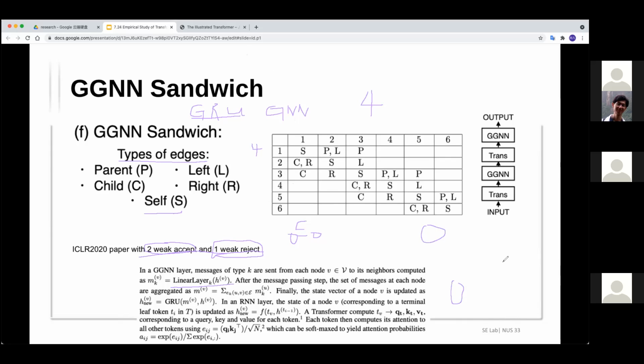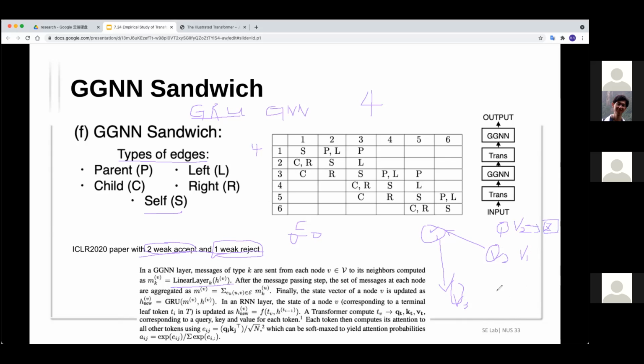Like here are 3 nodes. Maybe he links to here and he links to here. So in the first message passing, maybe like V1, V2, V3. In the first message passing, V2 does a linear layer to get a new unit.